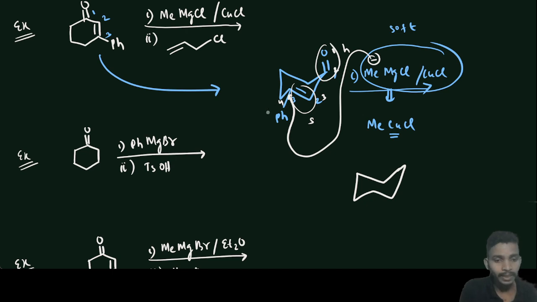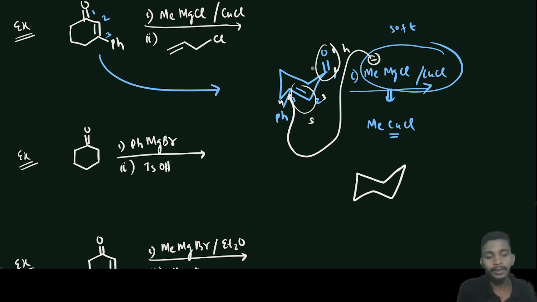Since Ph is already in the equatorial position, this Me will attack, and there is no option, because on any atom there is either axial or equatorial. Equatorial is already filled, so this has to attack the axial position. Here we will not check the 1,3-diaxial interactions.